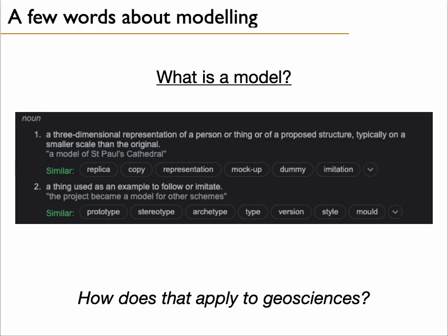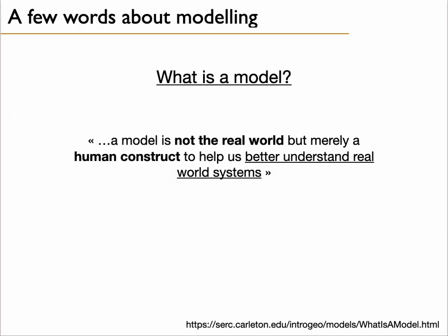So how does that apply to geosciences? I think a much better definition is provided on this webpage here. A model is not the real world, but merely a human construct to help us better understand real world systems.